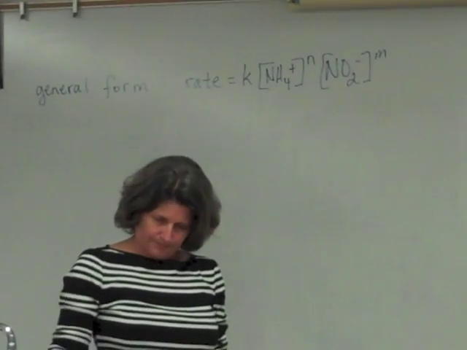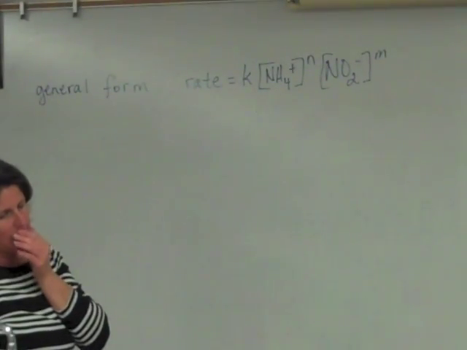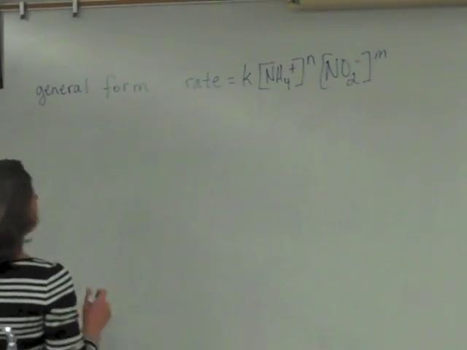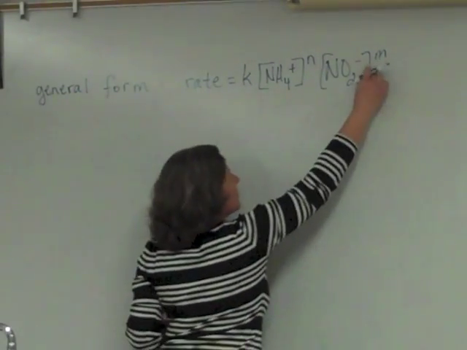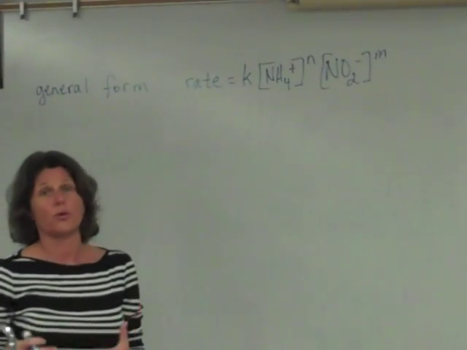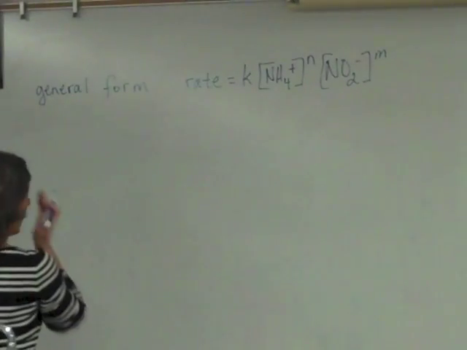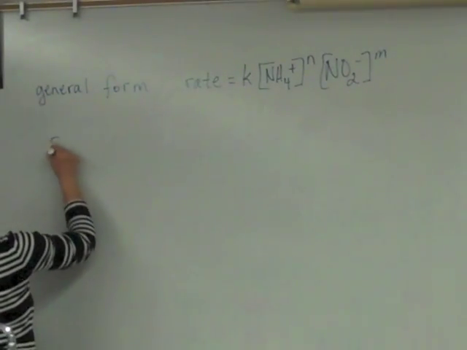Okay, so what I am going to do, you guys, is begin to solve for m, because my first question is determine the order of each reactant. I need to find m and n. So I'm going to solve for m.